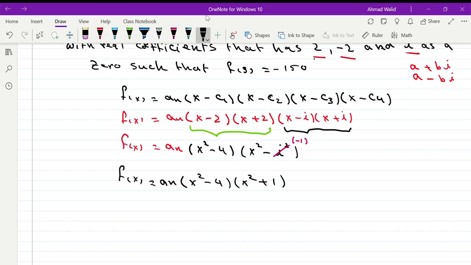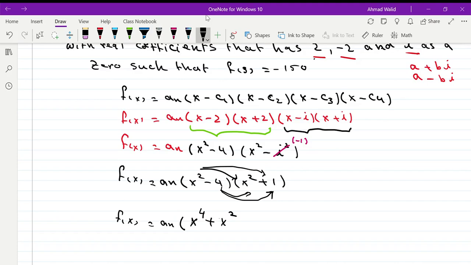And now, if I distribute like this, then I can write f of x equals a sub n times x squared gives you x to the power of 4. X squared times 1 gives you x squared.